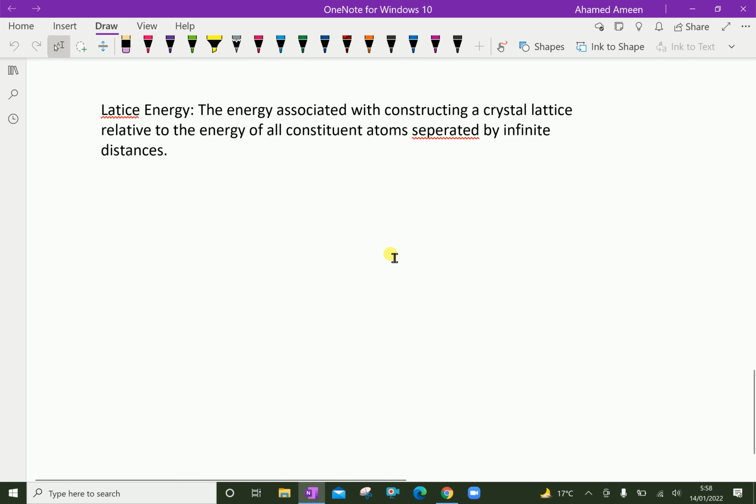Next we will discuss lattice energy. It is the energy associated with constructing a crystal lattice relative to the energy of all constituent atoms separated by infinite distances. The energy released when ionic bonds are formed is called lattice energy.